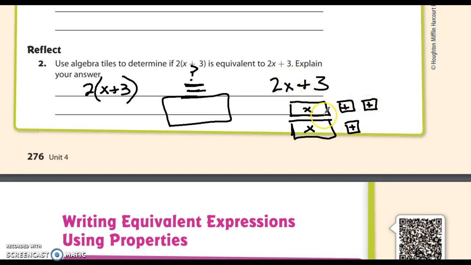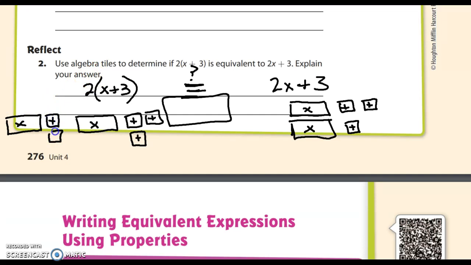Now the question is, does this have the same amount? Well, we'll find out. X plus 3, just in parentheses, looks like this. 1, 2, 3. But this right here says I have 2 of them, so I need to draw another one of those. X, 1, 2, 3.